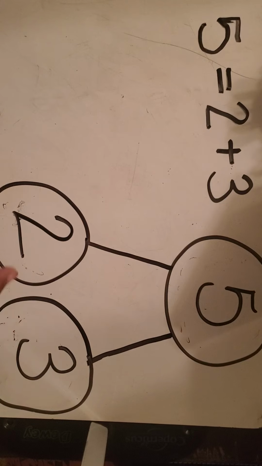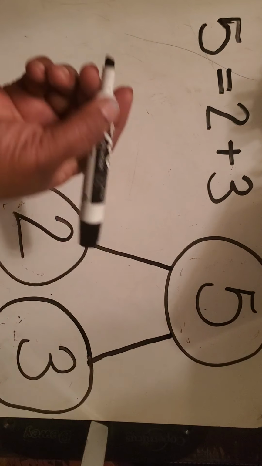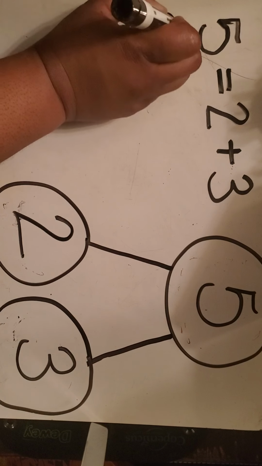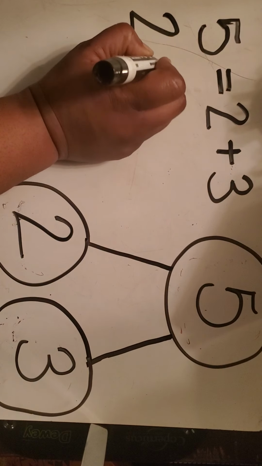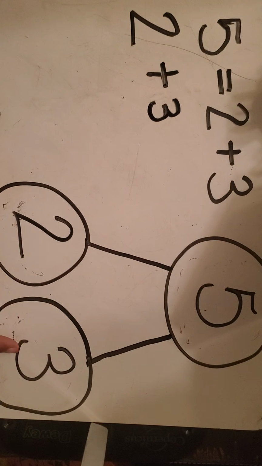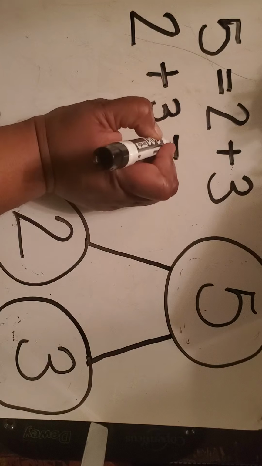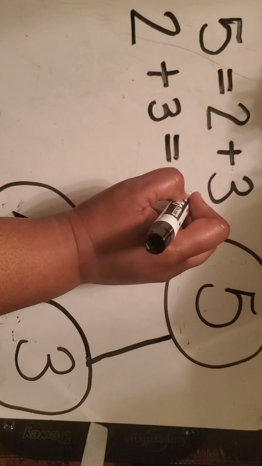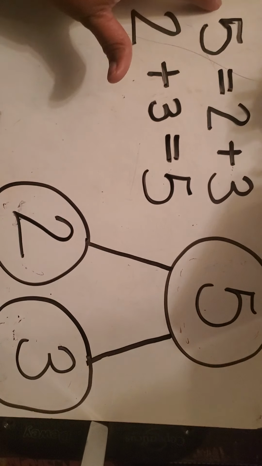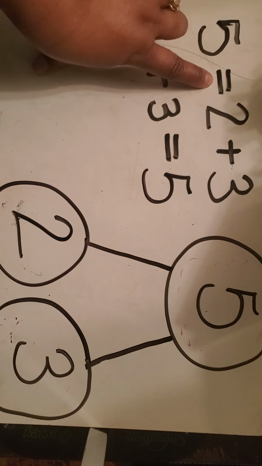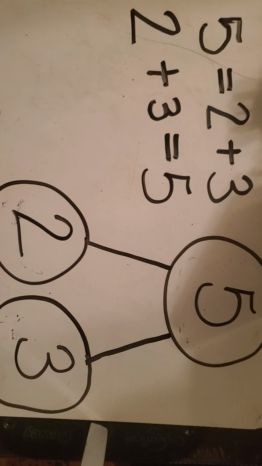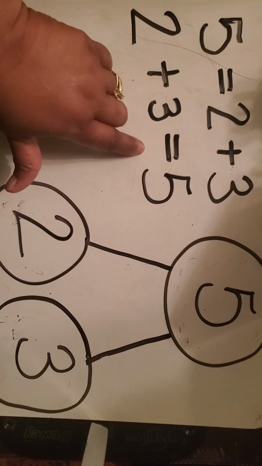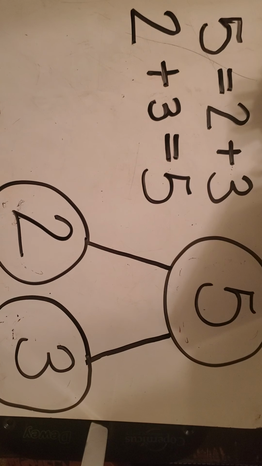We can start with the parts and compose our number bond, and we can say 2 and 3, those are our parts, together make 5. 5 is the same as 2 and 3. 2 and 3 make 5.